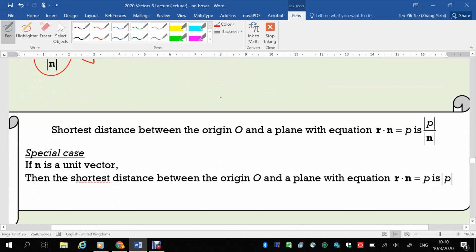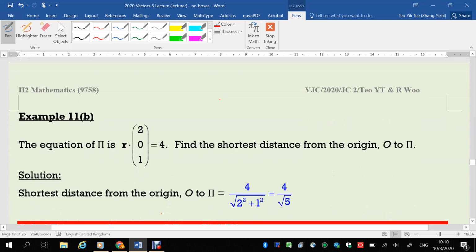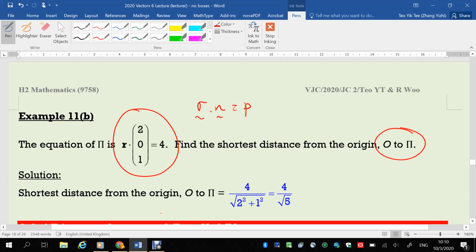It's a little bit confusing right now, so let me run through with an example and everything becomes very, very clear. So r dot (2, 0, 1) equals 4. This is in the form of r dot n equals p. Your job is to find the shortest distance from the origin to the plane pi.